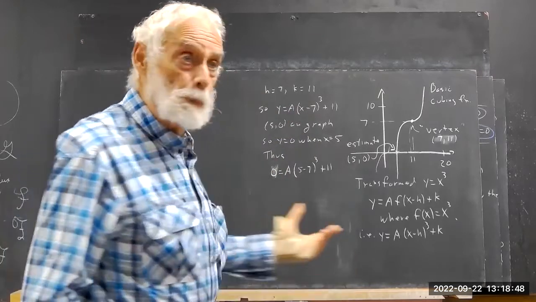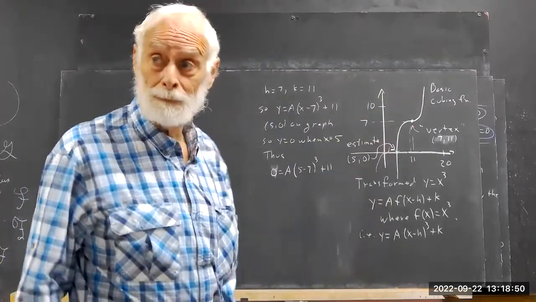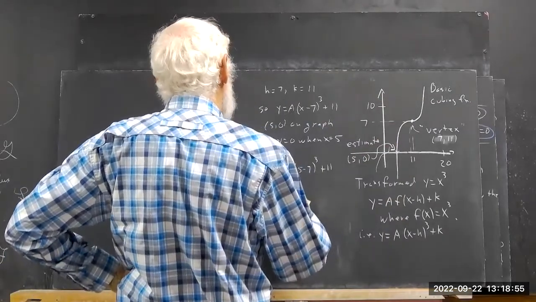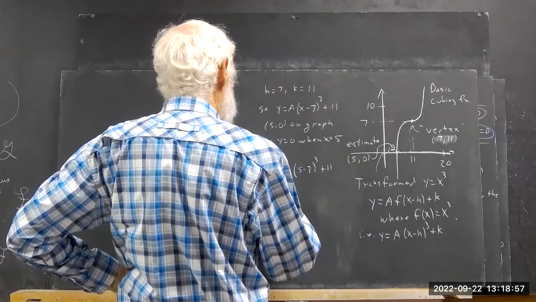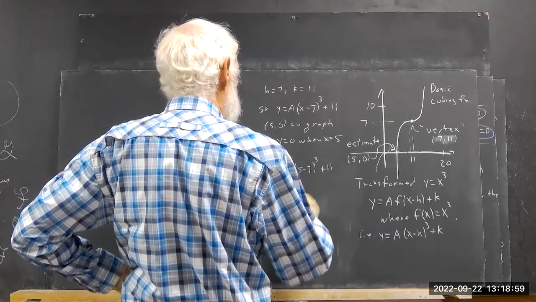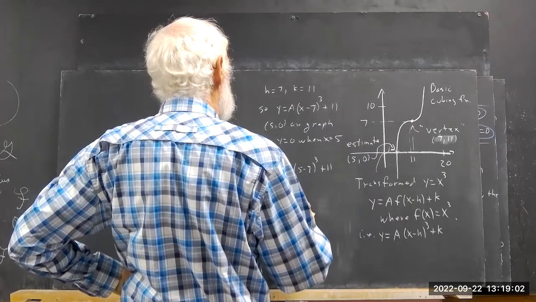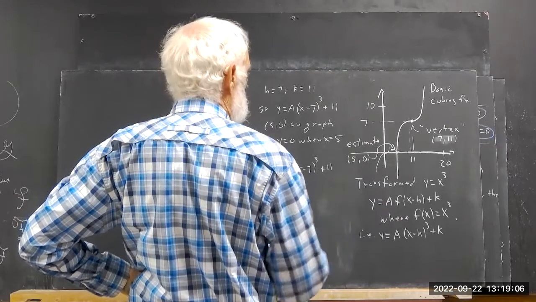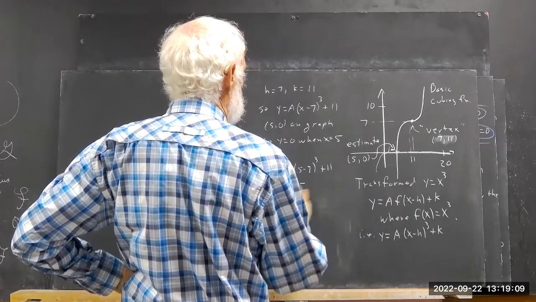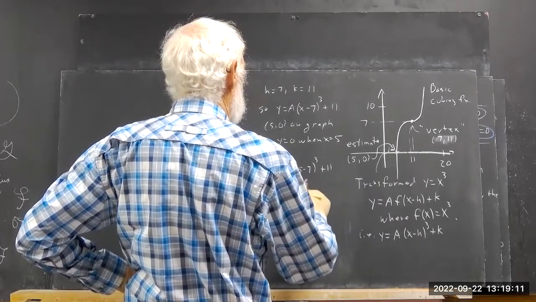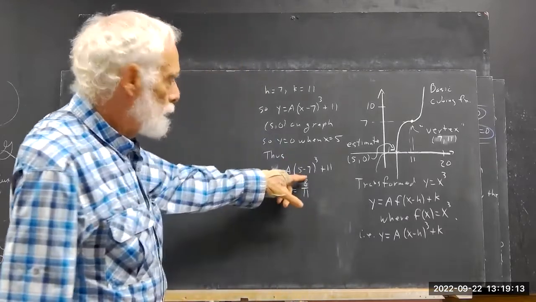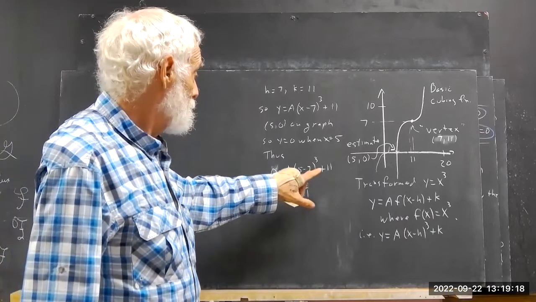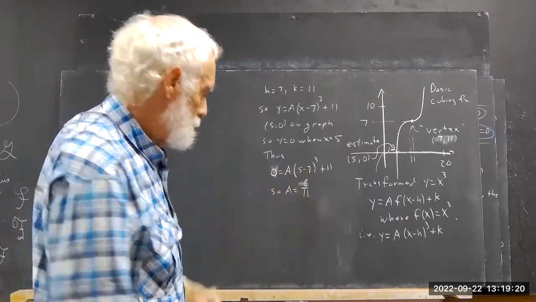It's the same thing we did, but with a different function, which we have to recognize. So A is going to equal 8 over 11. This is -2. If you cube -2, you get -8.